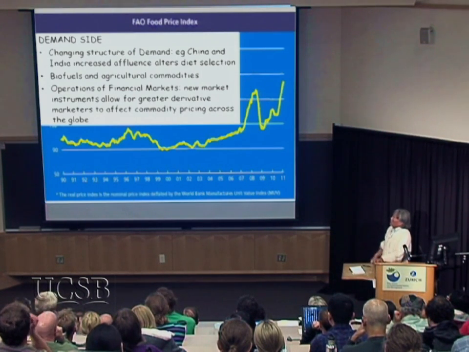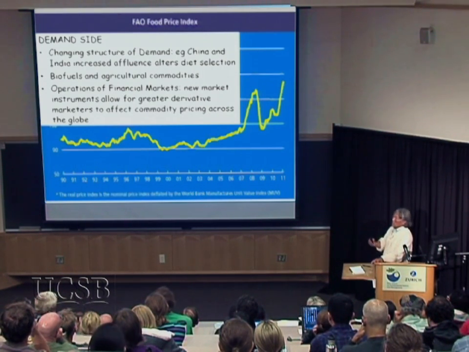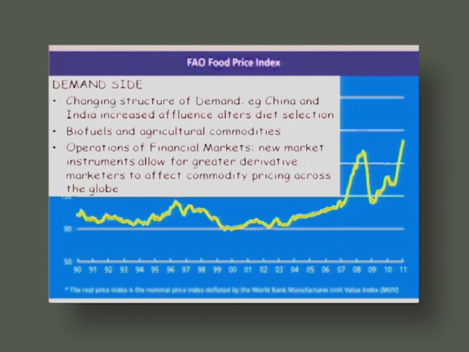And on the demand side, we're also seeing great changes in food consumption patterns. We're seeing that food for fuel competition really getting played out, especially for corn ethanol and sugars. And then this whole volatility is also associated with new market instruments.